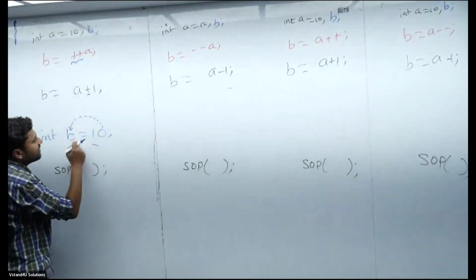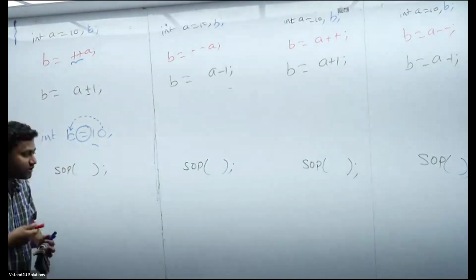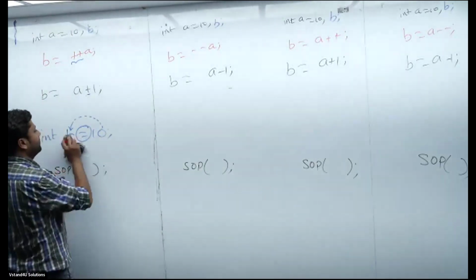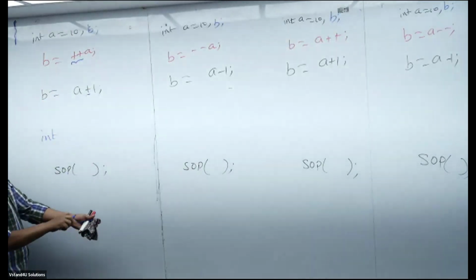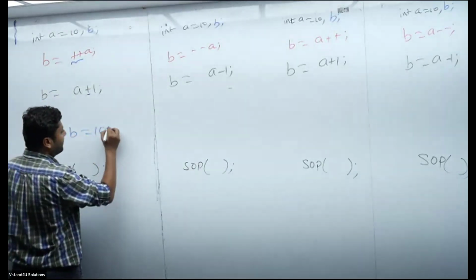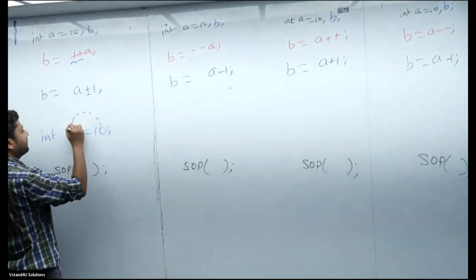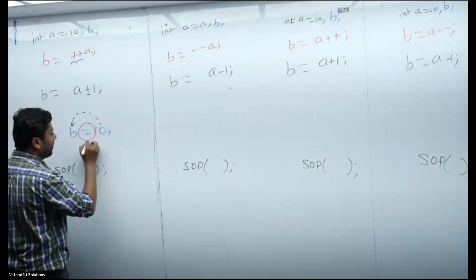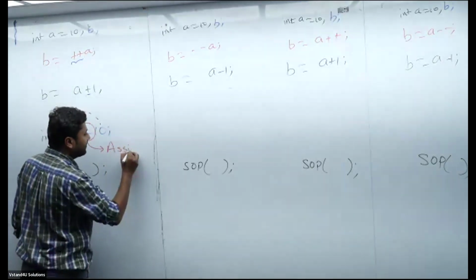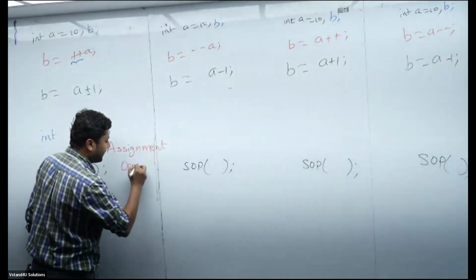What does this equal to symbol do? This equal to symbol is called the assignment operator. In B equal to 10, the value 10 is being assigned into the variable B. What does it do?